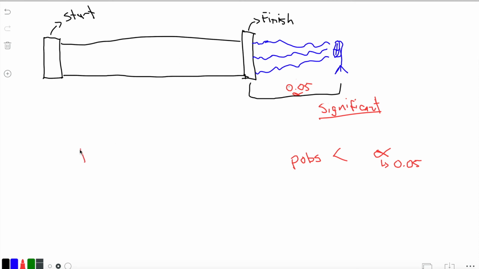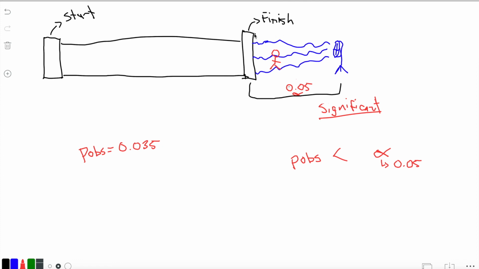So if our P observed value that we calculated using both the t-score and then the t-table is 0.035, for example, that indicates that our runner is 0.035 distance from the fan, which puts them at around here. Which then means that our two groups are different from each other.